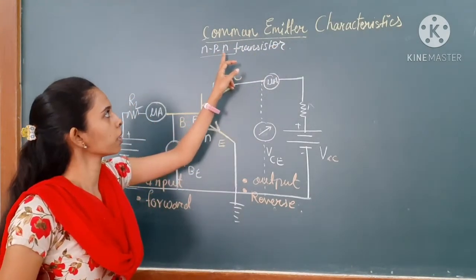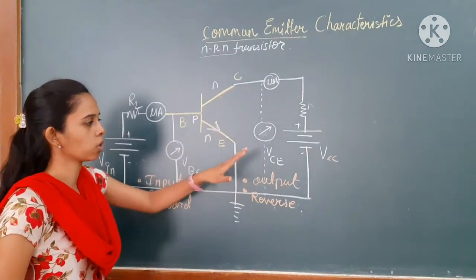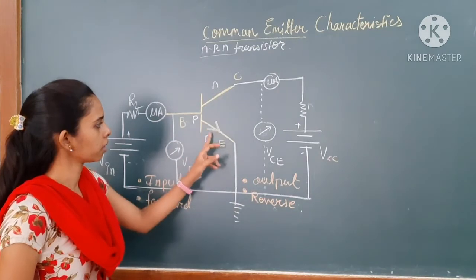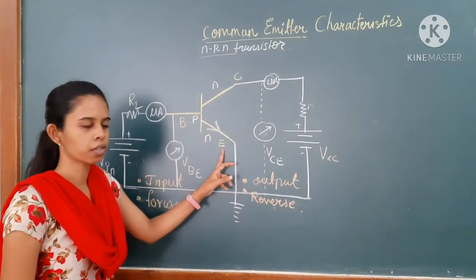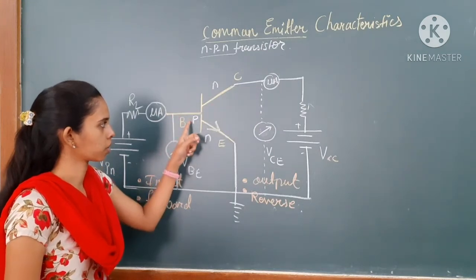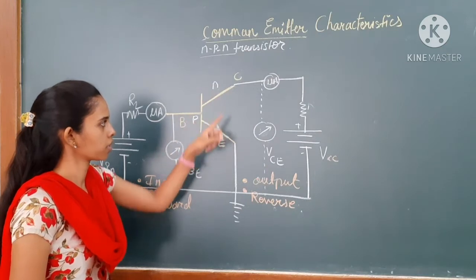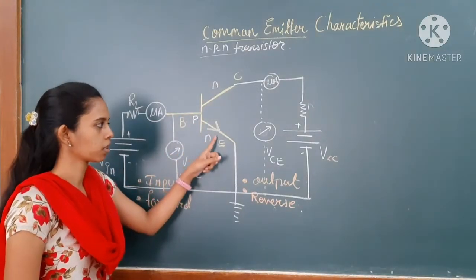In this we are going to use an NPN transistor. I am repeating again: this arrow part is called the emitter, this part is called the collector, and this T-shaped part is called the base. The type of transistor being used can be found from this arrow.